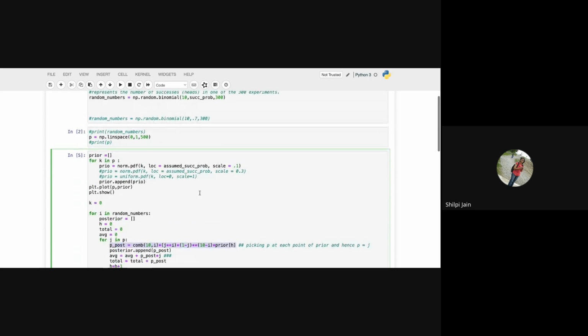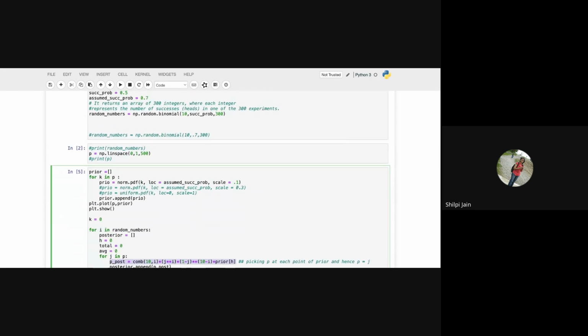My belief is that the probability of getting heads is 0.7. I'll just start with this belief, and I'm not saying that I completely believe in that. That's why it's not a sharp spike at 0.7. I say that I have a good belief, so that's why it's a Gaussian.